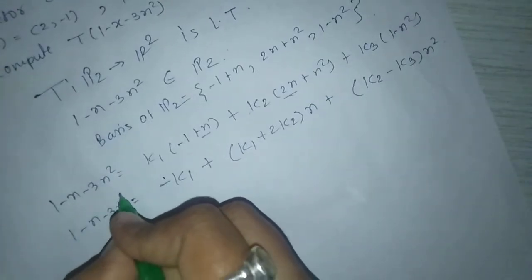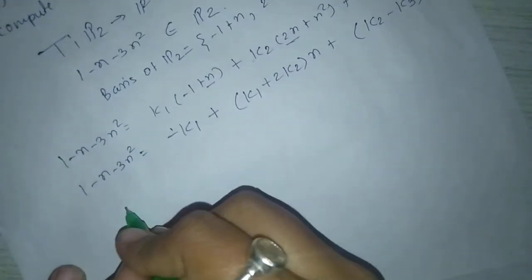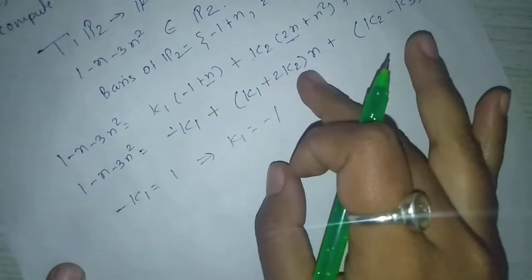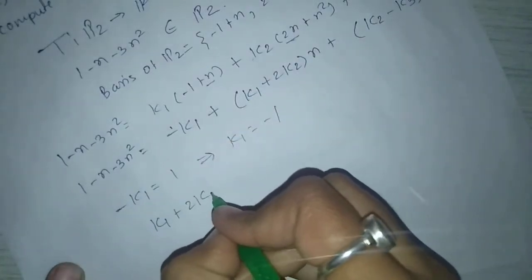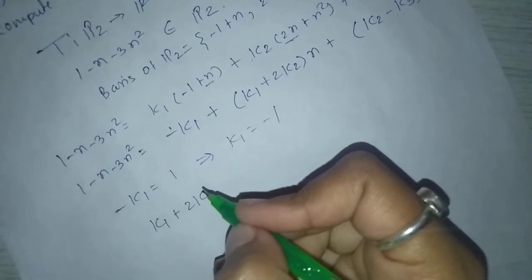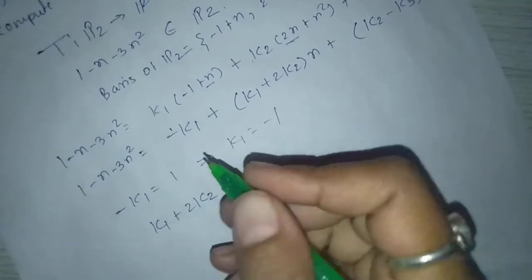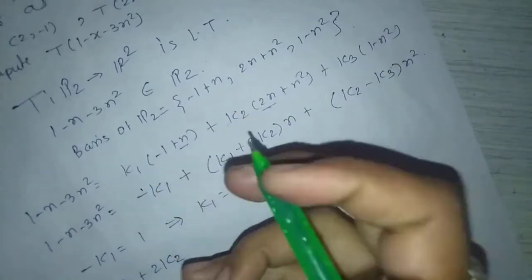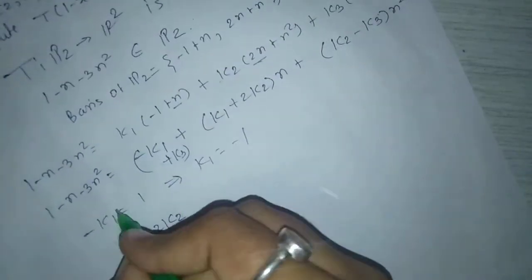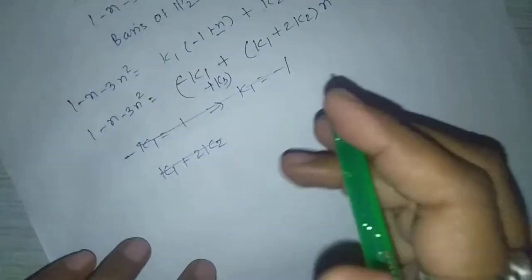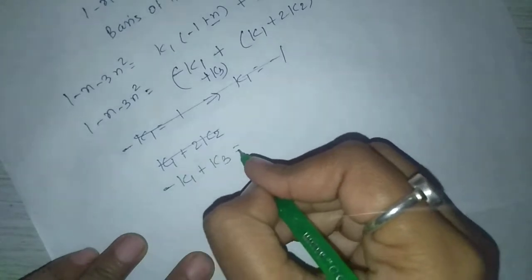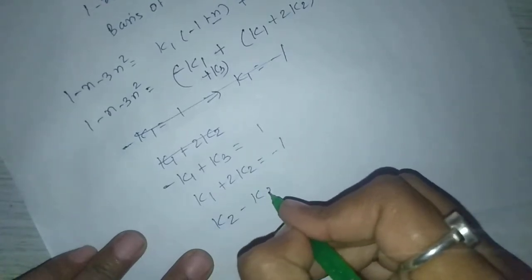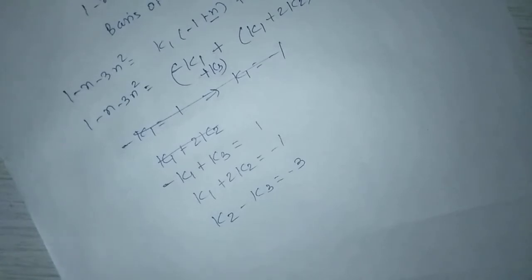Now comparing the coefficients of the constant term, x and x², we get -k1 equal to 1... wait, something is wrong. The constant term is -k1 + k3, so this is not the value. First write the equations. -k1 + k3 equal to 1. k1 + 2k2 equal to -1. k2 - k3 equal to -3.